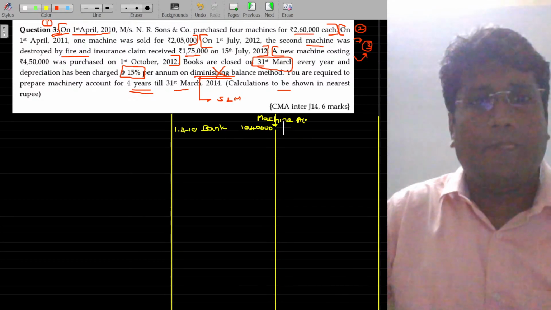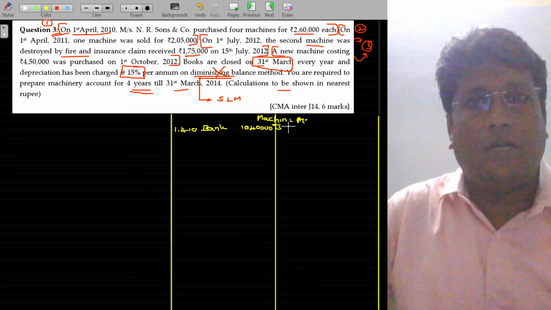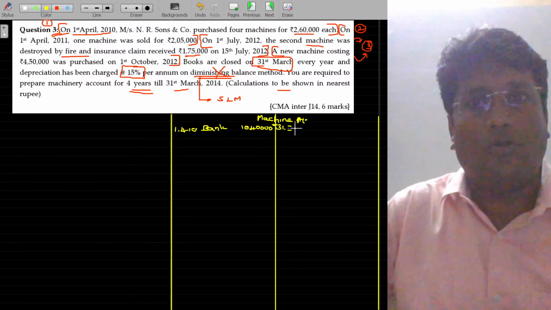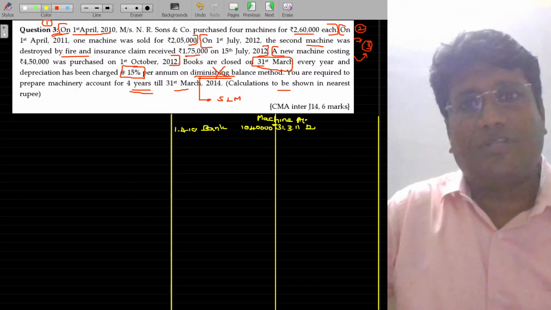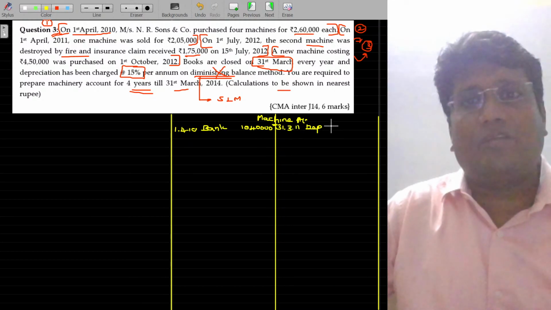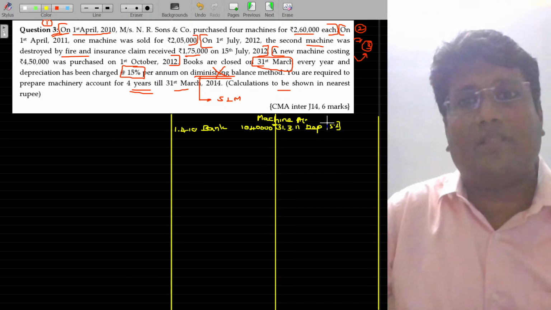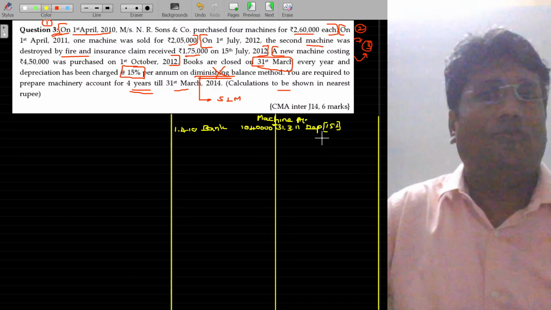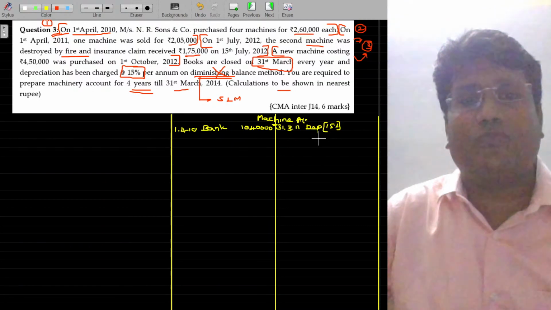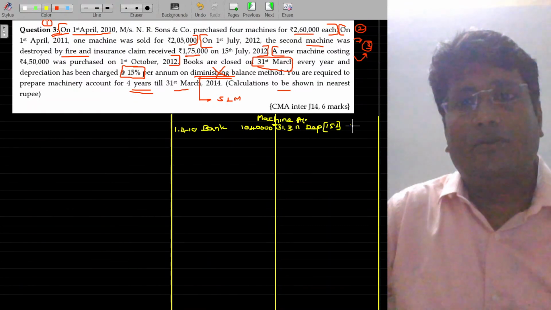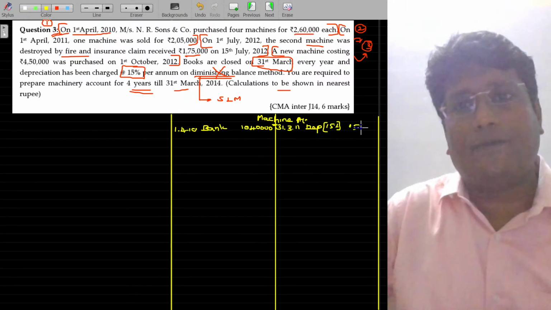So in the year end, we have to provide the depreciation on 31/3/2011. Depreciation will be calculated at the rate of 15% under the SLM method, straight line method or original cost method. 15% on 10 lakhs 40,000 rupees being 1,56,000 will be the answer.